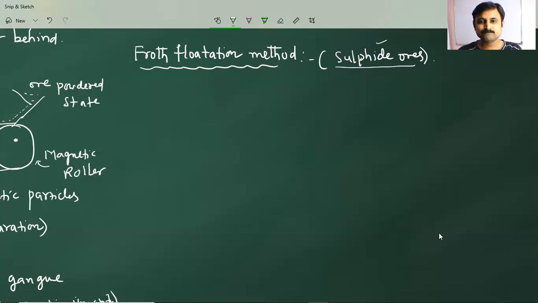But here we are not taking the running stream of water. Here we are taking the complete mixture of water. So we are taking the powdered ore and adding water to it. In that, some particular materials will be added, and those materials will make the separation of ore from the impurities. That we will see in the diagrammatical approach.